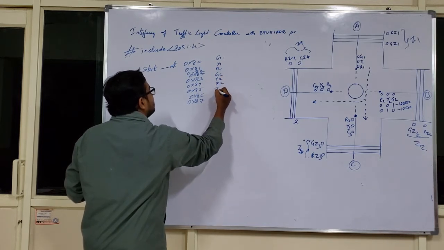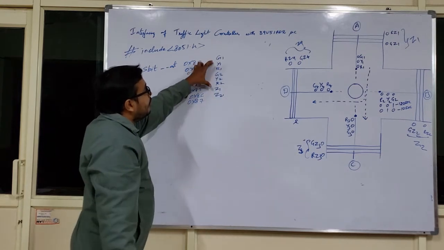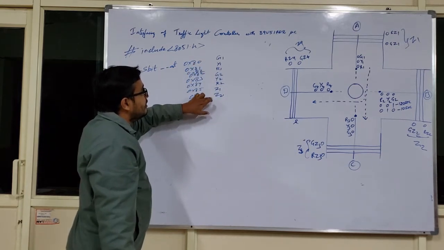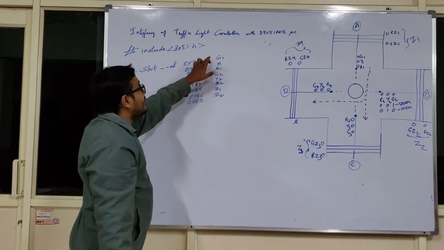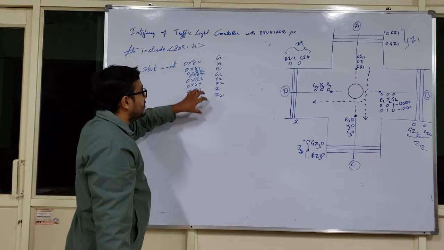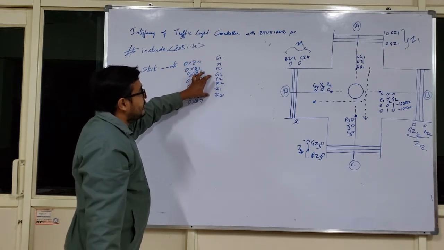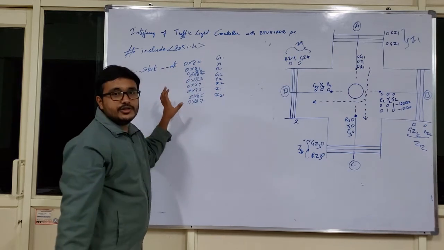And the next one is Z1 and Z2. In this way, I have used all these 8 variables having address locations at 0x80, 0x81, 0x82 respectively, and completely it is covering port 0. All these 8 variables of junction A and junction B are completing your port 0.